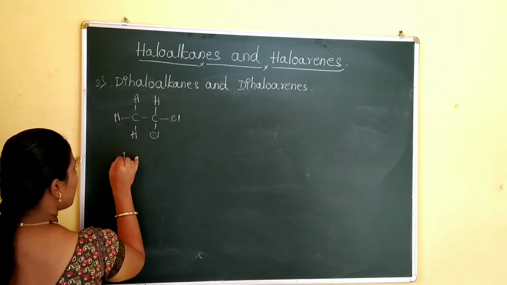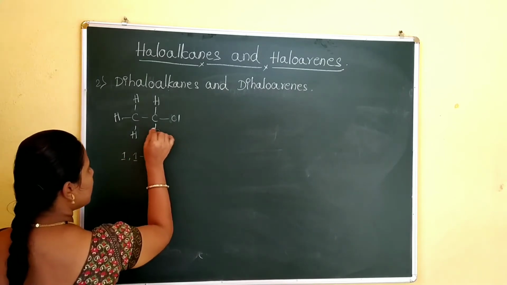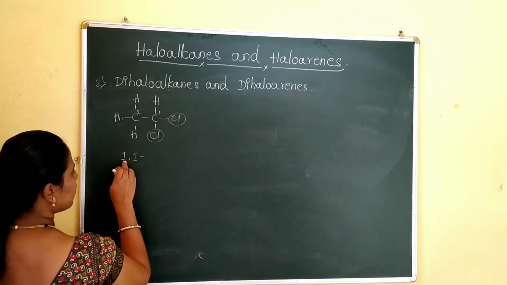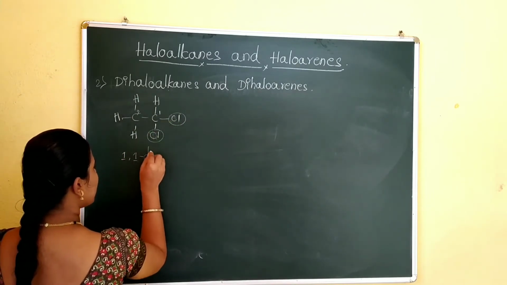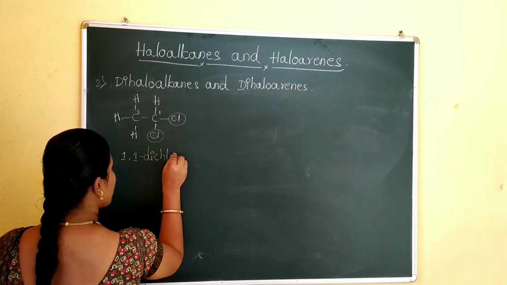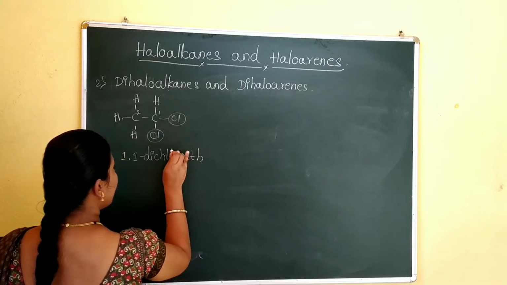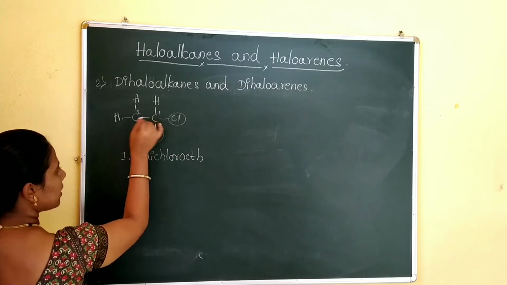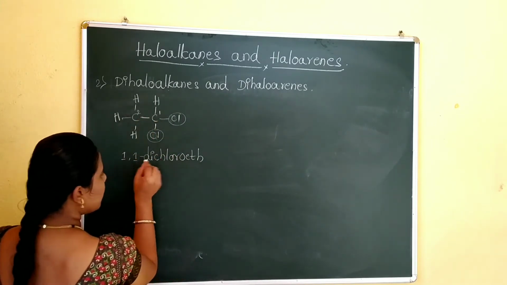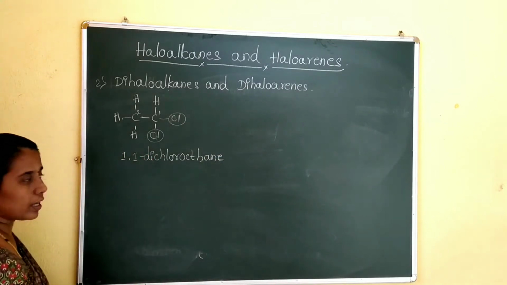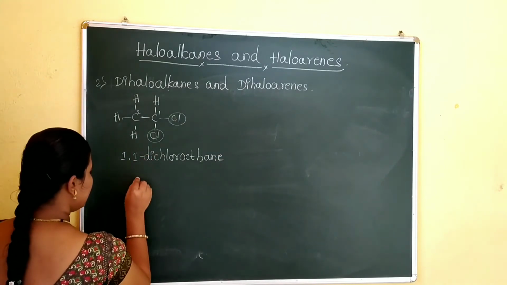This is 1,1. Both the chlorine atoms are attached to the first carbon atom. Okay, therefore 1,1-dichloro, with eth. Eth is the root word, and they contain a carbon-carbon single bond. Therefore 1,1-dichloroethane.